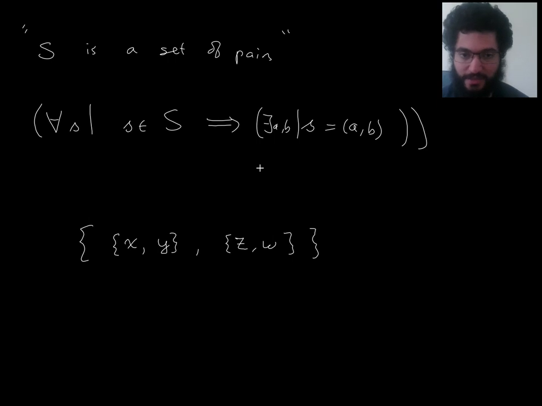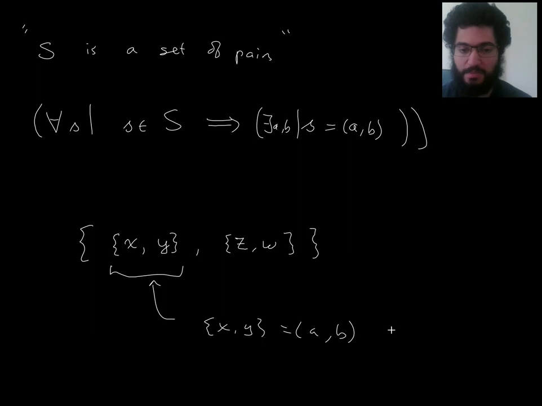A good first answer, which is not quite correct, is no, it's not a set of pairs because these are doubletons and not pairs. So overall this looks like it's not a set of pairs. The elements look like they are not pairs. But to really prove this is not a set of pairs, you would have to prove that for at least one of these elements, like this one, it is impossible to write it as pair AB, that it cannot be written like this for any AB.